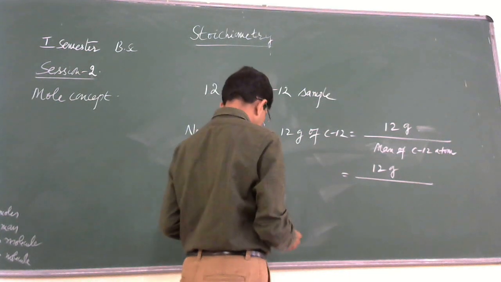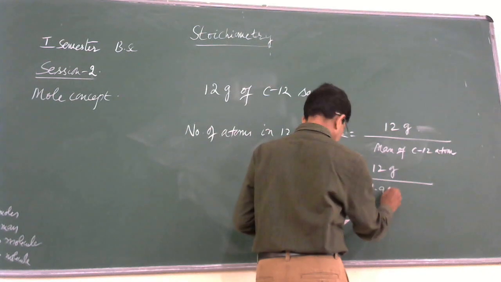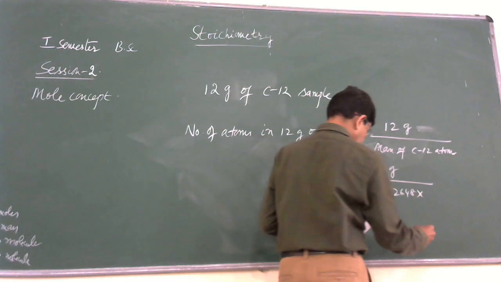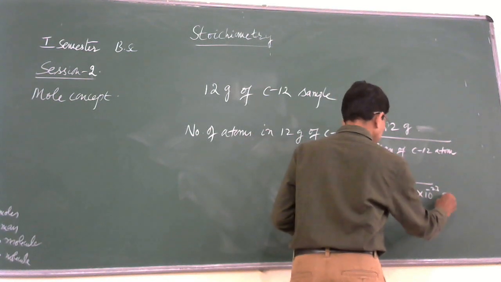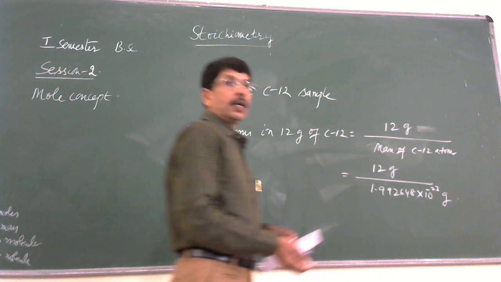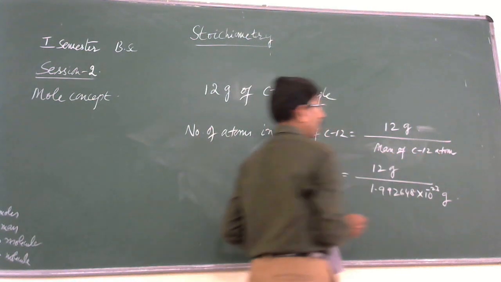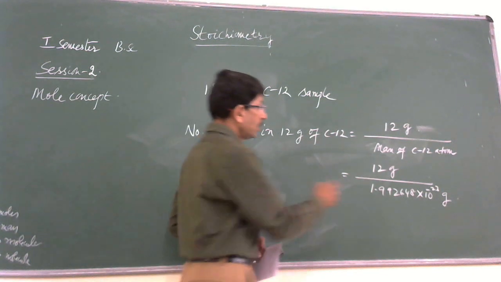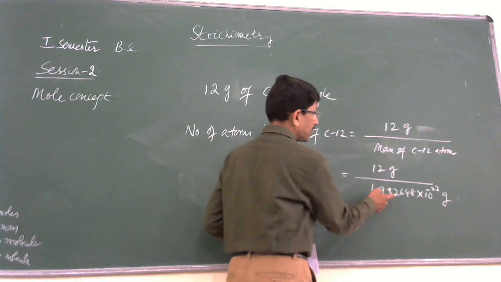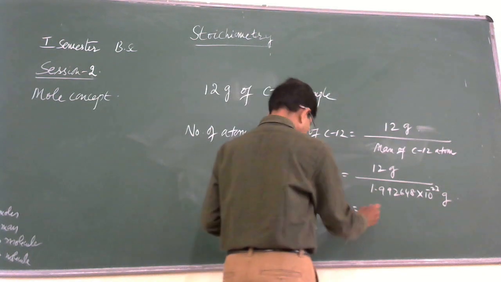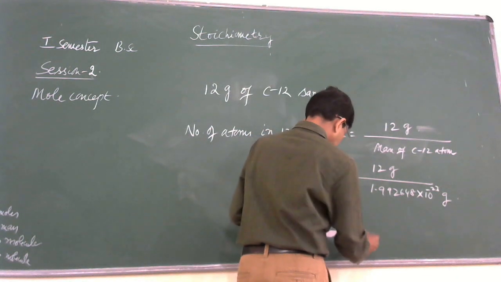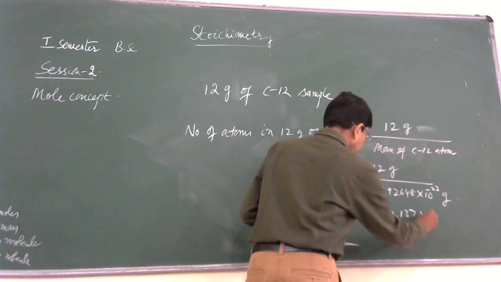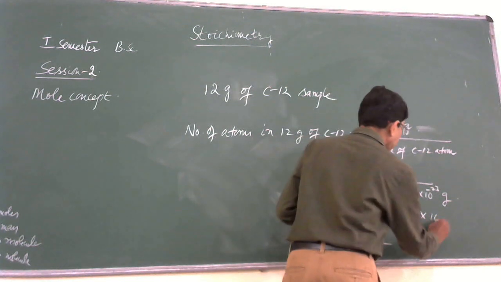This mass is found to be 1.992648 into 10 to the power minus 23 grams. This mass of a C12 atom is found accurately from the mass spectrometer. When we simplify this, it comes to be 6.022137 into 10 to the power 23.